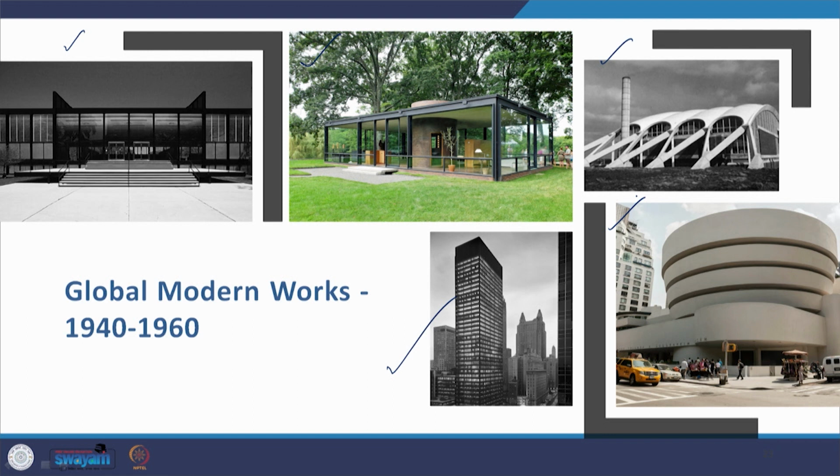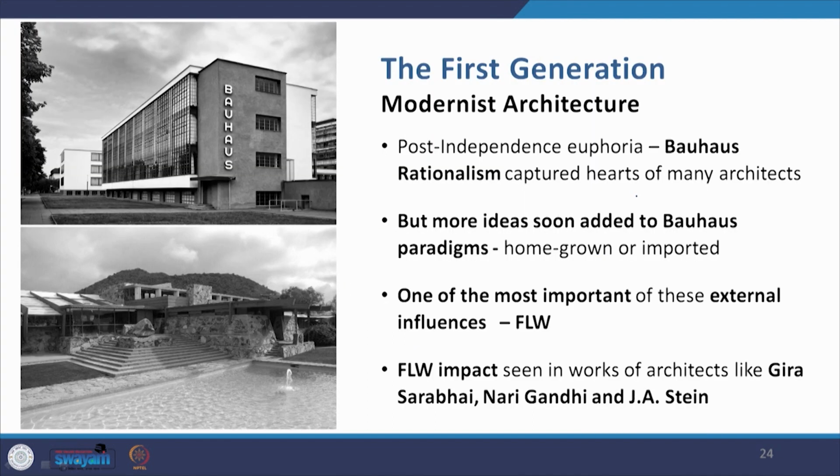So the first generation of Indian architects associated with modernist architecture, if we talk about them, there was a tremendous euphoria post independence, and it was Bauhaus rationalism that really captured the heart of many young Indian architects.